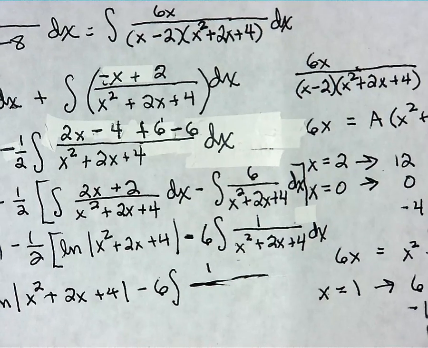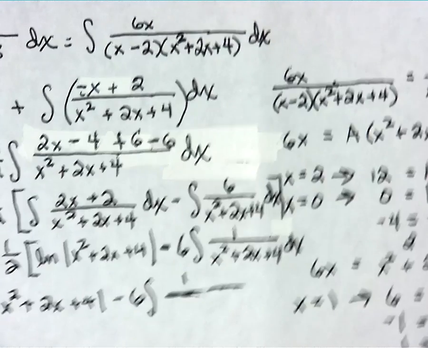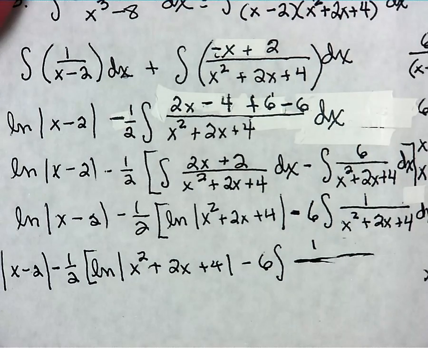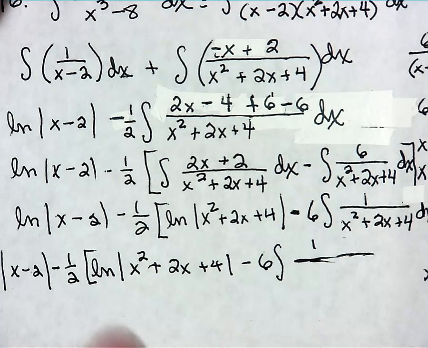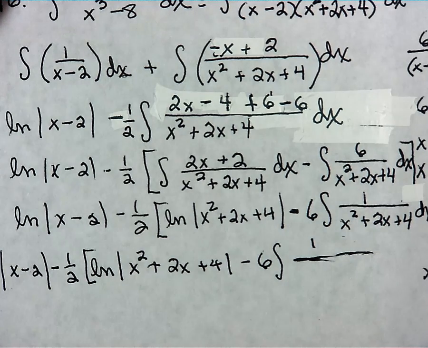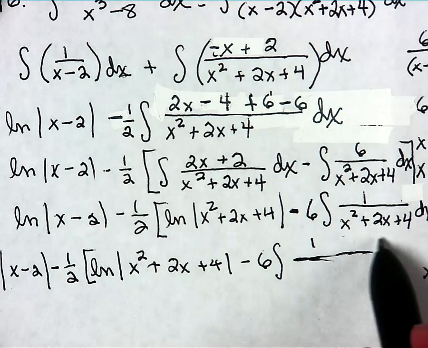What would it take to complete the square on the x's? Ignore the 4 for a minute. What would it take to complete the square on the x's? Yes, and I still have a bracket. What do I add to complete the square on the x's? X squared plus 2x.